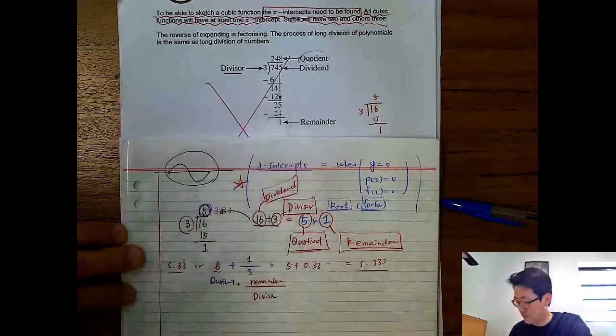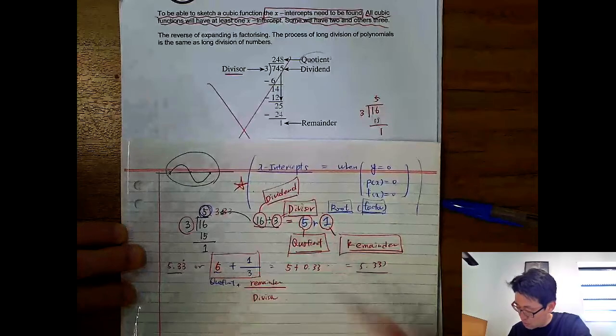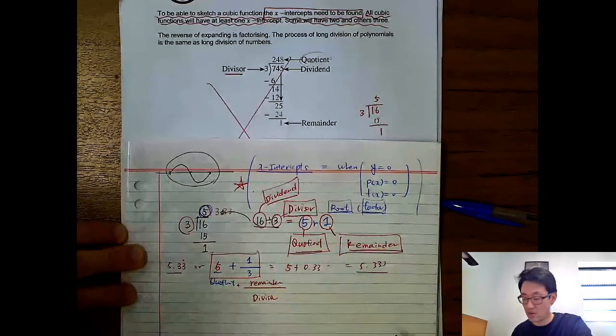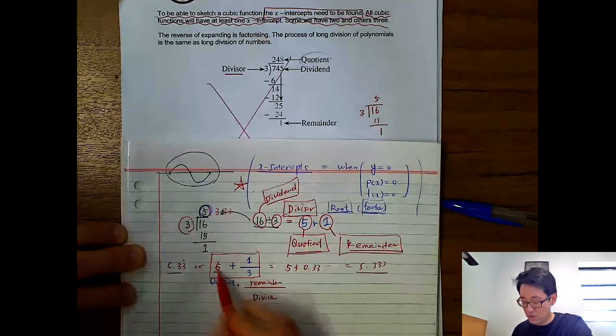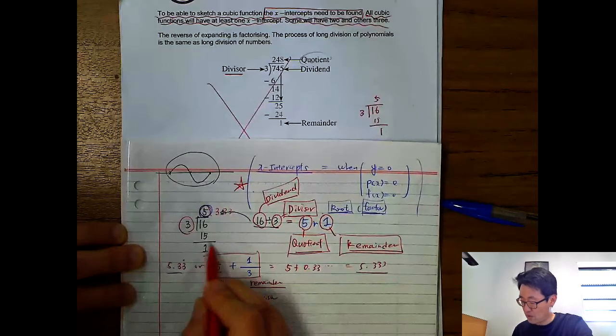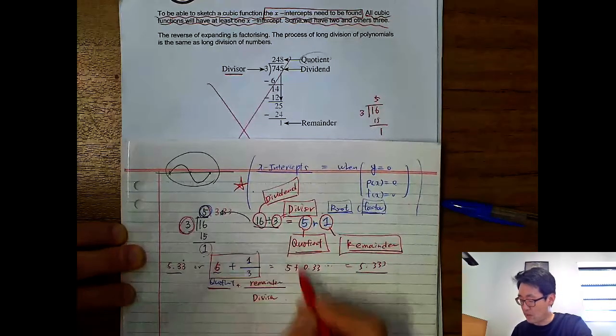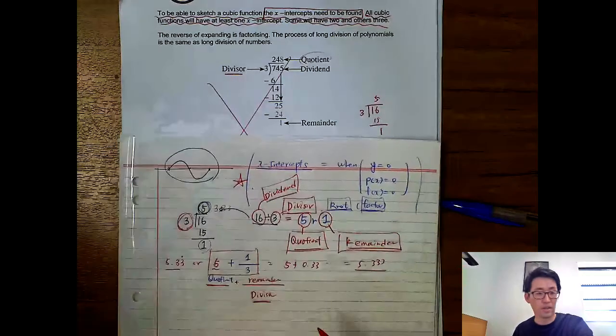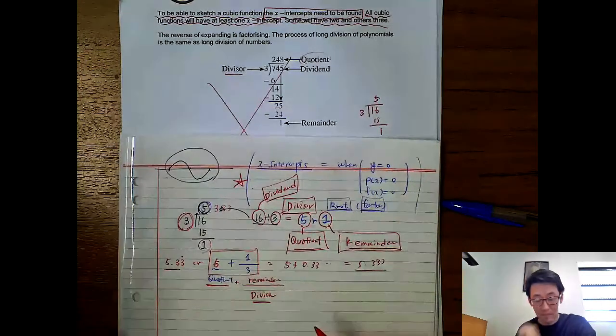Same thing. So one way to express it is quotient plus remainder over divisor. Does it make sense?